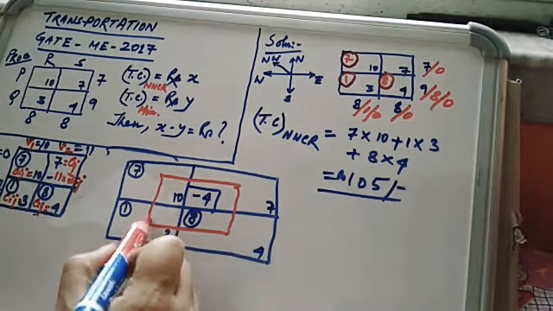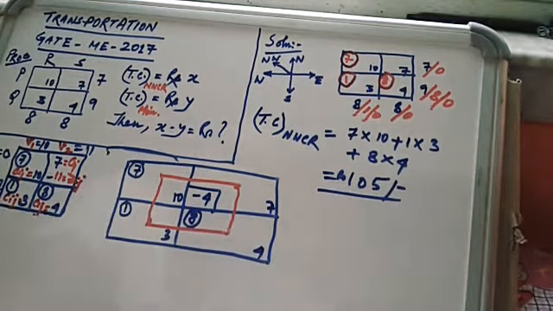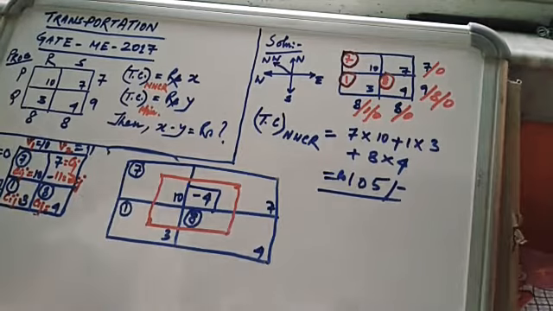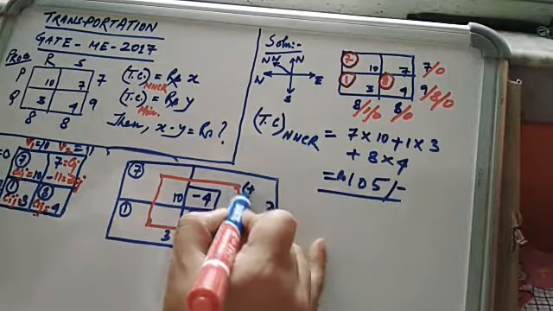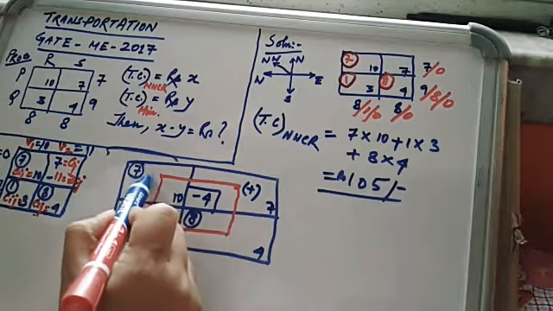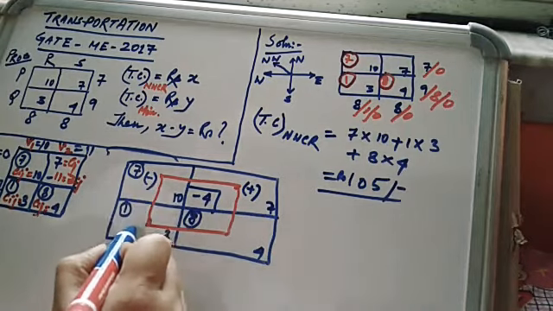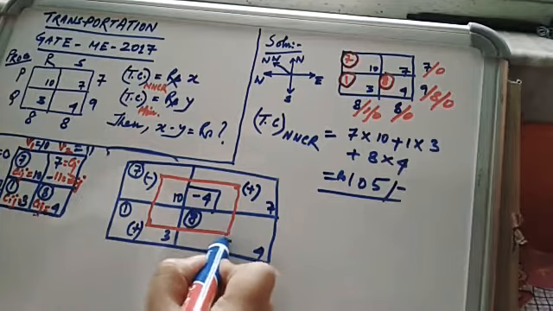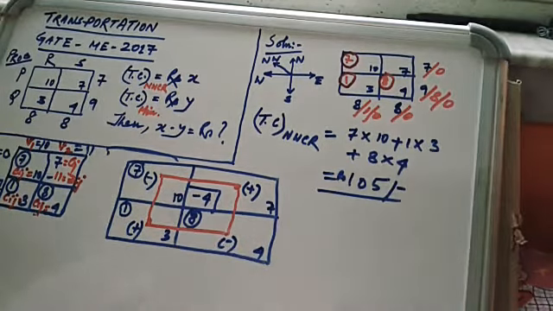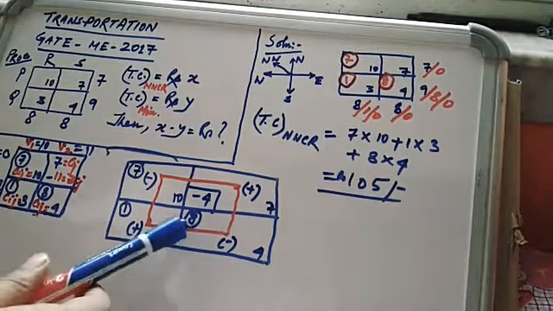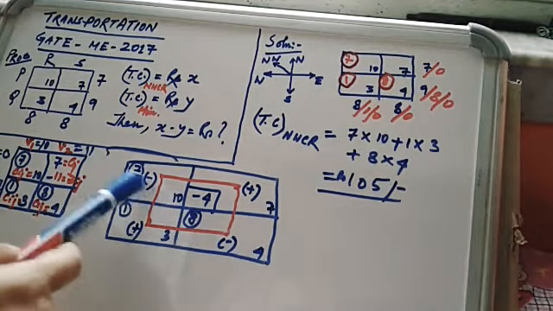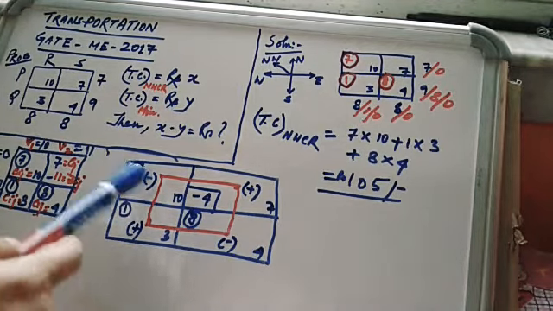This is the loop. Now the cell where the loop starts, give it a positive sign, the next one negative, then positive, then negative again, alternately. Next you have to find the negatively allocated cells, which are these ones.